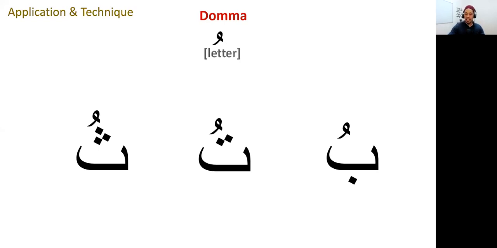Because there are so many things that can be added to the letter ba, and somebody can add it onto the vowel as well. So it's an addition. So letter ba is b, right? The dhamma is u. So the b and u is bu. And ta and u is tu. And tha and u is thu.